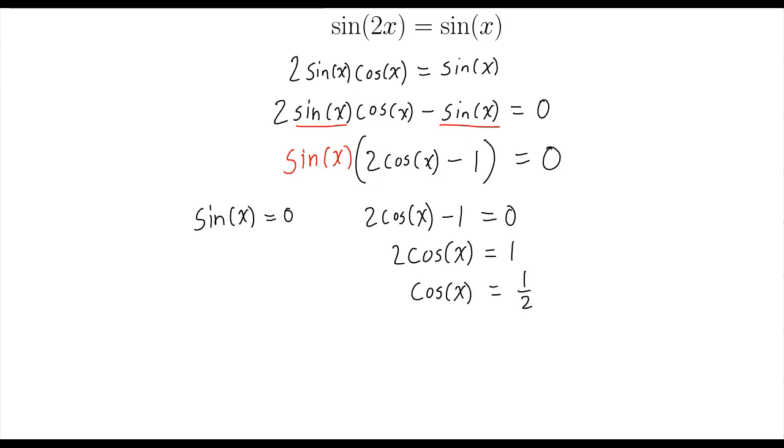Okay, so I'm interested in the angles where sine is 0 and cosine is 1/2. Okay, any one of those. So let me see, here's my unit circle. Sine is 0 at 0 and at pi.